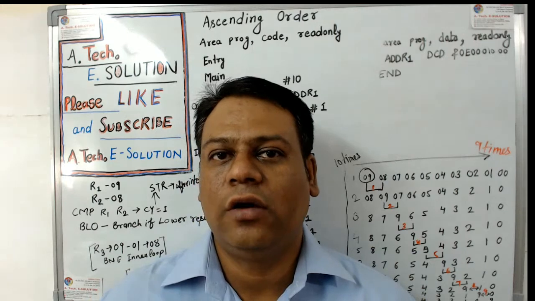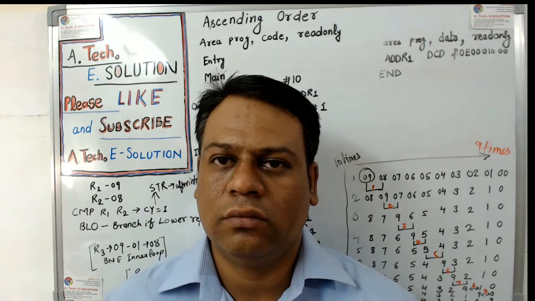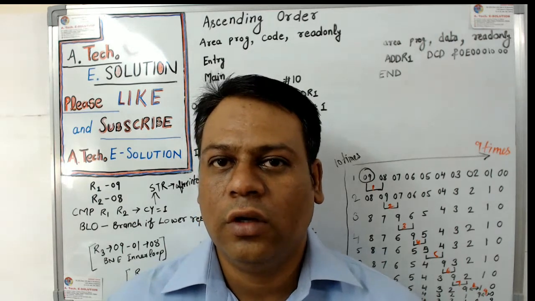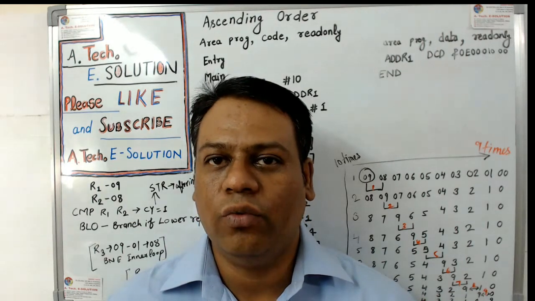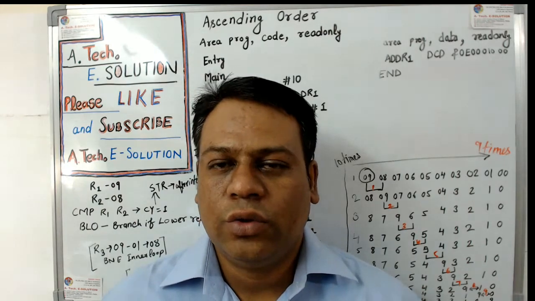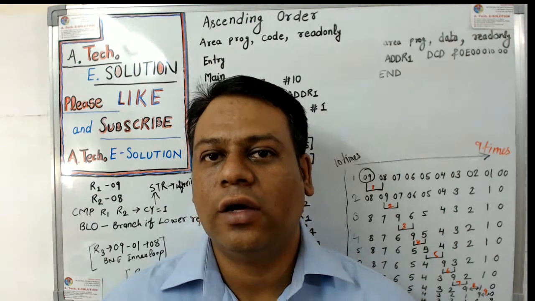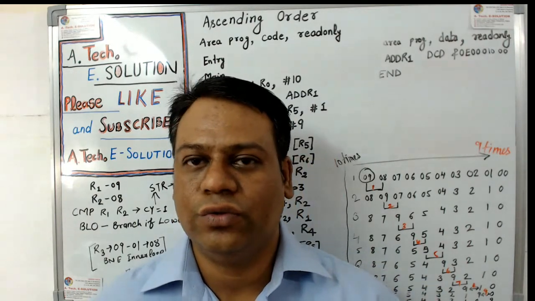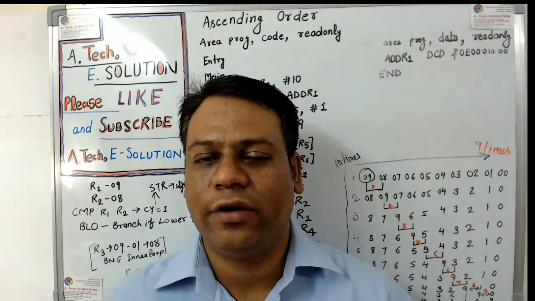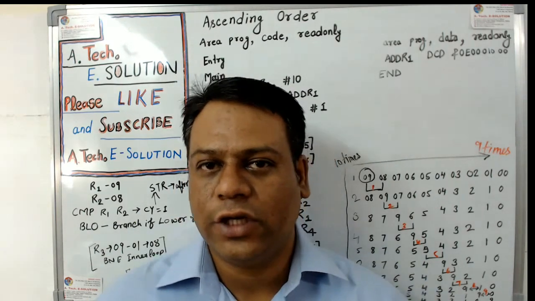If we take numbers in jumbled form like 5, 7, 4, 3, 2, 1, we have to arrange these numbers in ascending order, which means we start from 0, 1, 2, 3, 4, 5, 6, 7, 8, 9, whatever you have taken.